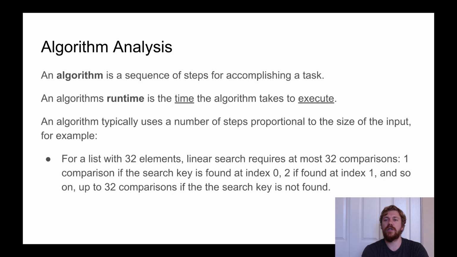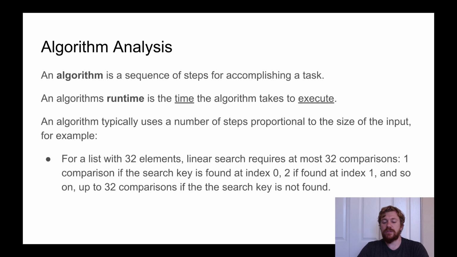So in other words, you've searched the entirety of the list, all 32 elements, and could not find the search key. And so basically, if it's one step per comparison, then essentially you've taken 32 steps in completing this algorithm.